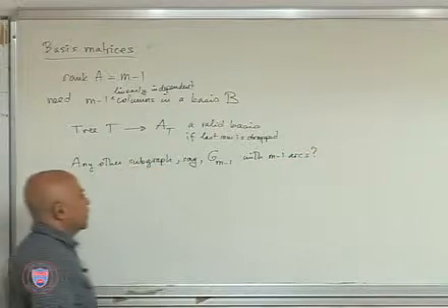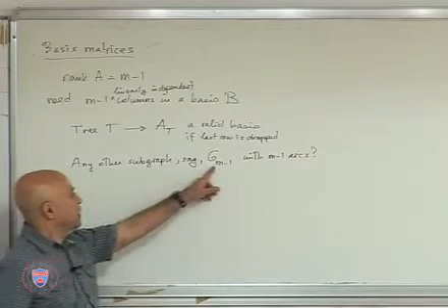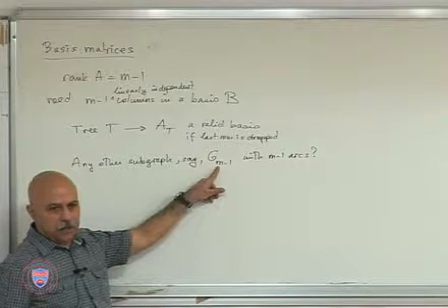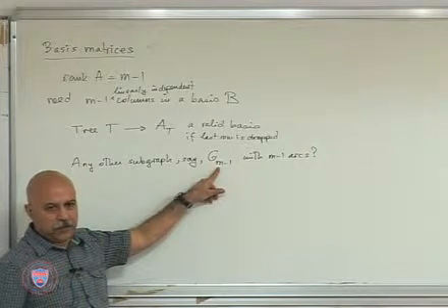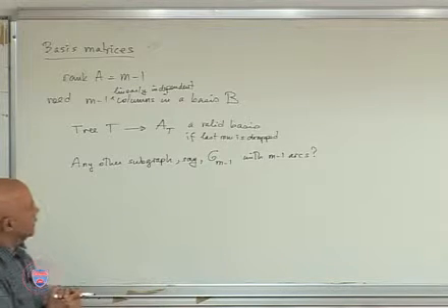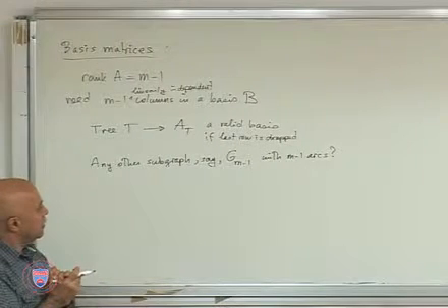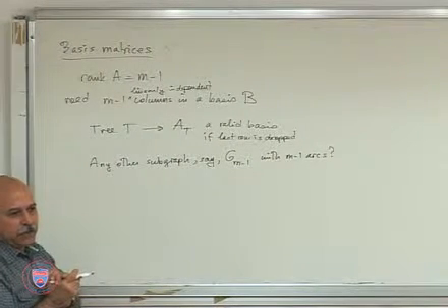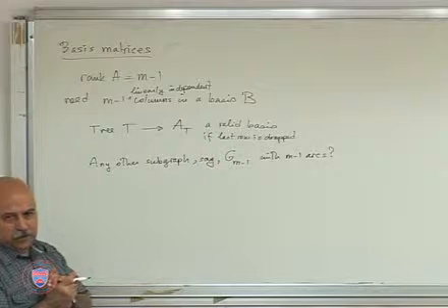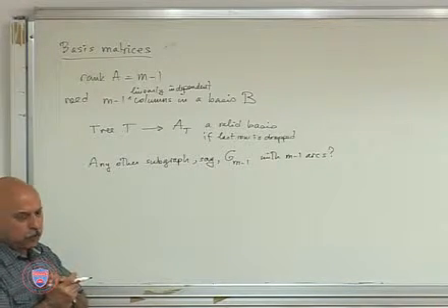So the question is, is there any other subgraph other than a tree that has m-1 arcs in it so that the columns associated with those arcs would form a submatrix of A having the proper number of columns? Would that give me a basis or not? So would they be linearly independent? That's the question I'm posing here.